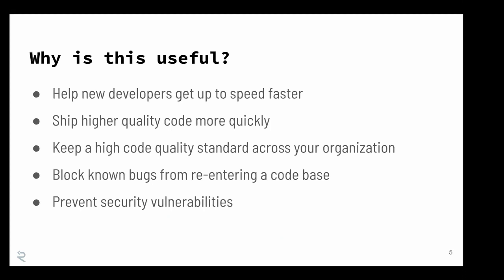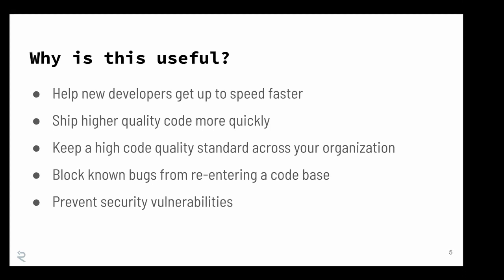Ideally, we can ship higher quality code more quickly because we're not slowed down by these sharp edges or things that are maybe implicit that we forget. If you're a big engineering team or have many orgs within the company, ideally you can enforce calling conventions or have a high code quality standard across your org.